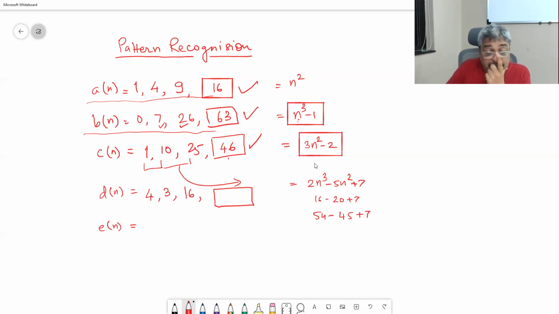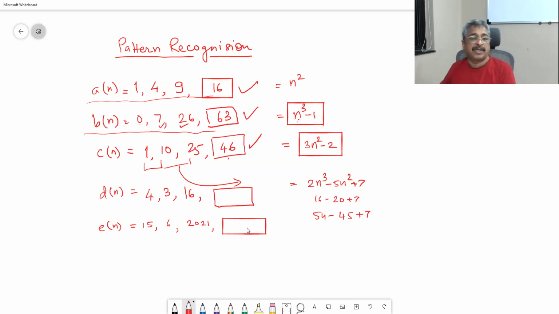Say, today is what date? 15th, first number, 6, second number, 2021, third number. And if I ask you the fourth number, I am sure nobody will waste any time finding it, because it is going to be very difficult.